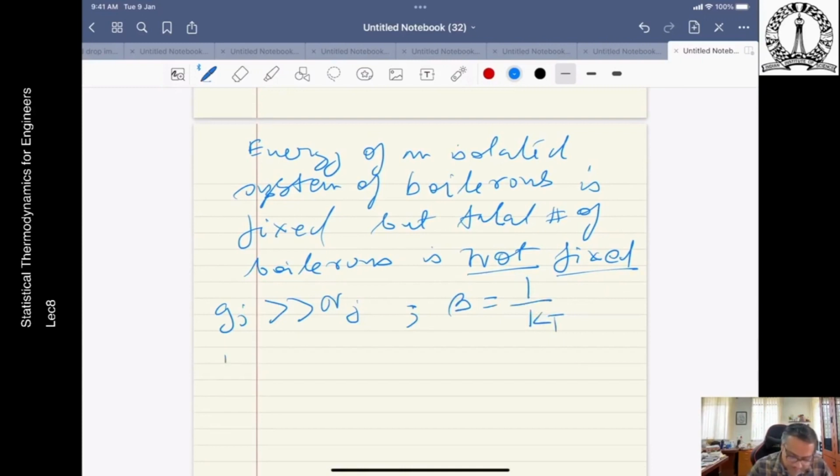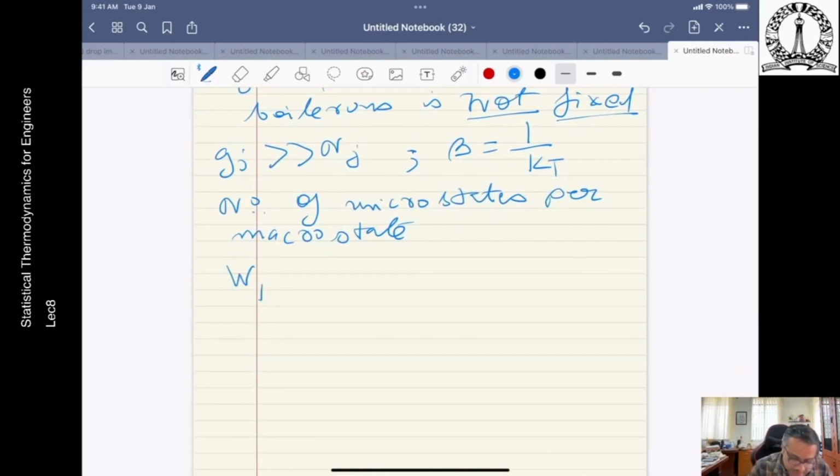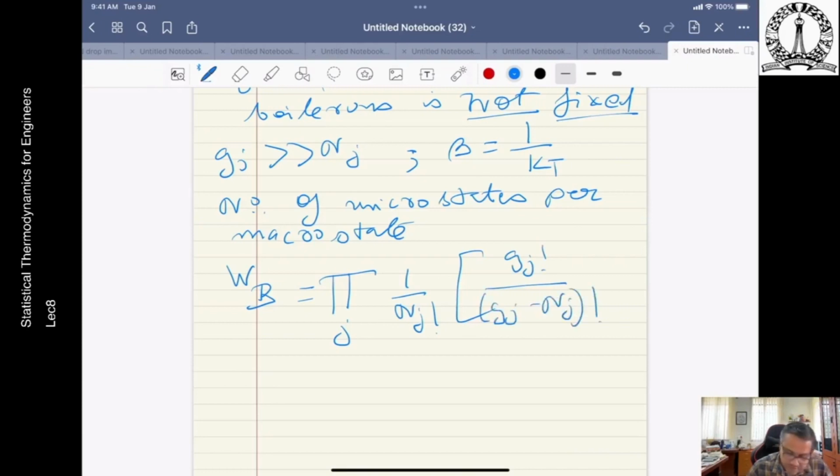So the number of microstates for such boilerons, microstates per macrostate, how is it given then? It's Wb, product over j, 1 over Nj factorial, Gj factorial, Gj minus Nj factorial square.